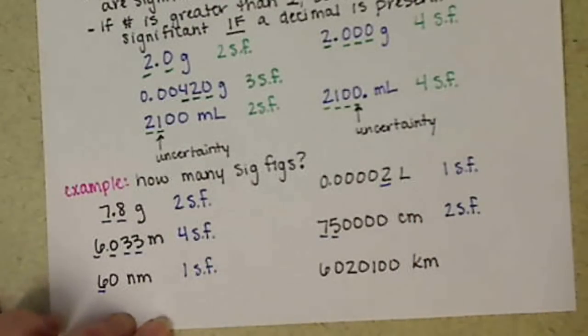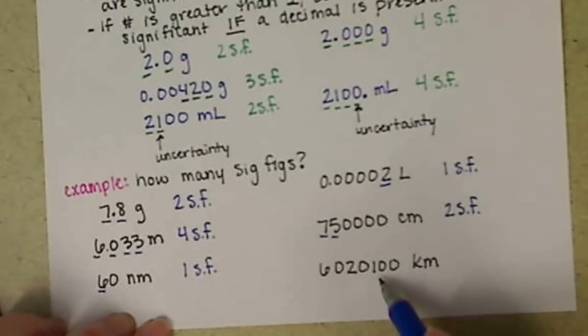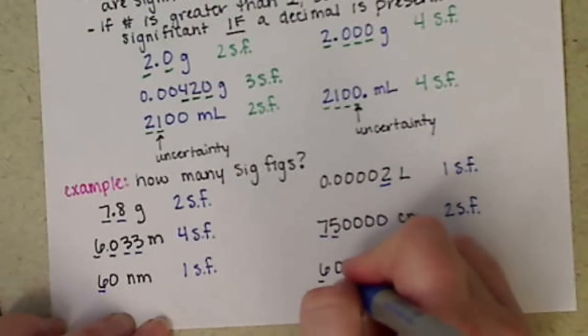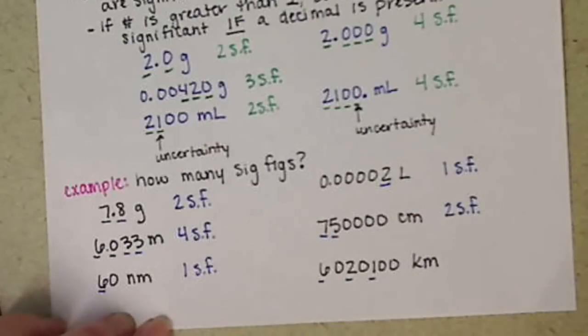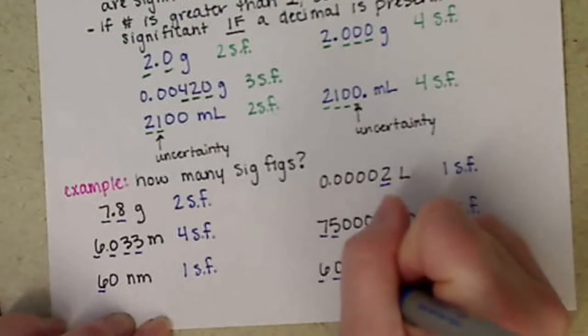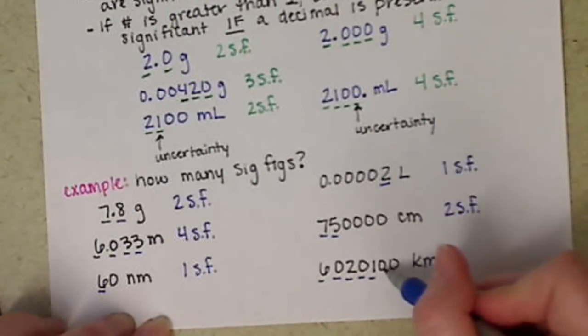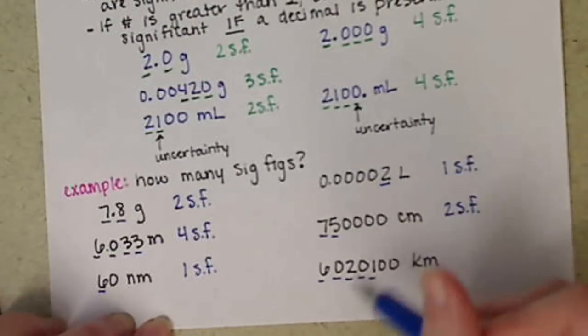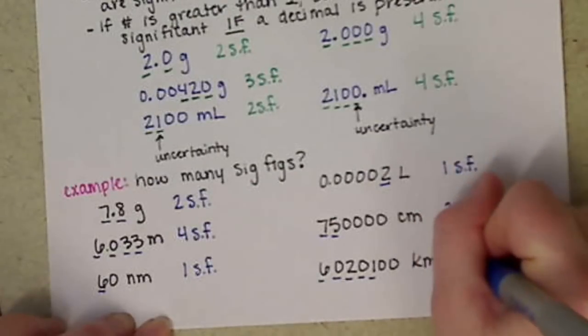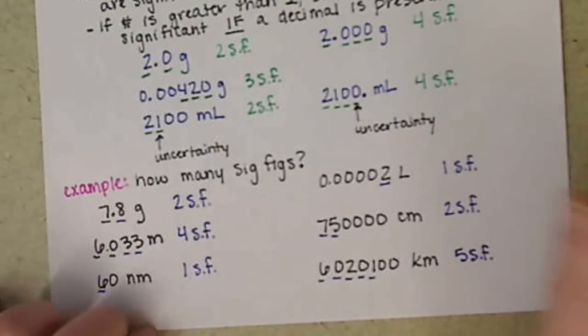So we have 2 sig figs. And in our last example, the 6, the 2, and the 1 are significant. The 0 between the 6 and the 2 is significant, and the 0 between the 2 and the 1. But the 2 final zeros are not significant. So we have a total of 5 significant figures.